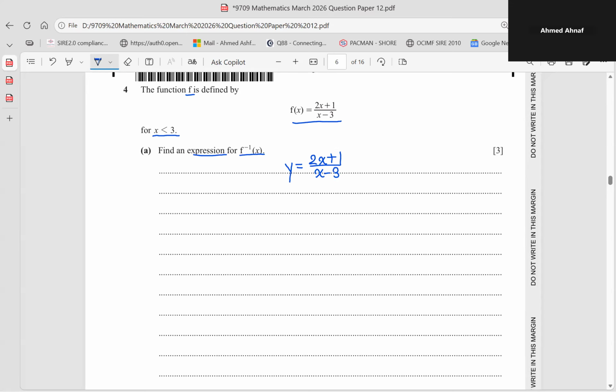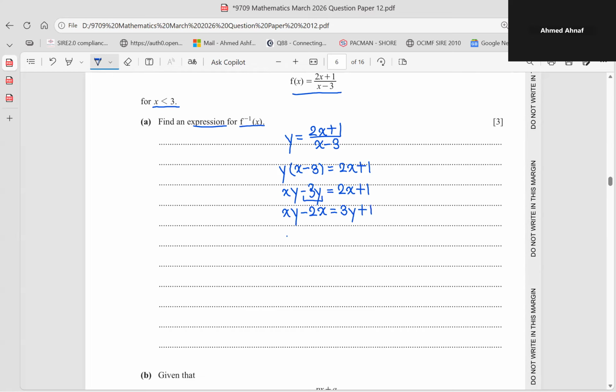So let's remove the denominator. So this will be y times x minus 3 equals 2x plus 1. Then you get xy minus 3y equals 2x plus 1. And move all the x terms over to one side. So xy minus 2x, and move this negative 3y term to the other side, then you would get 3y plus 1.